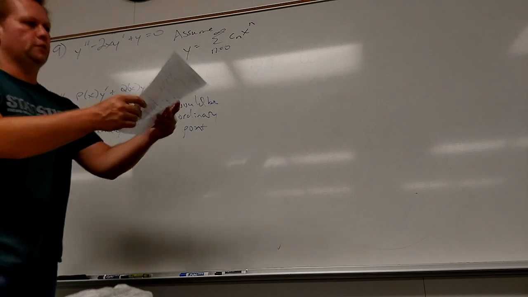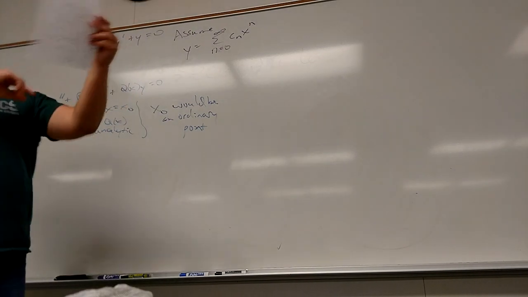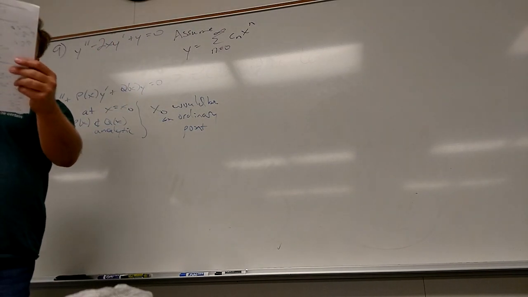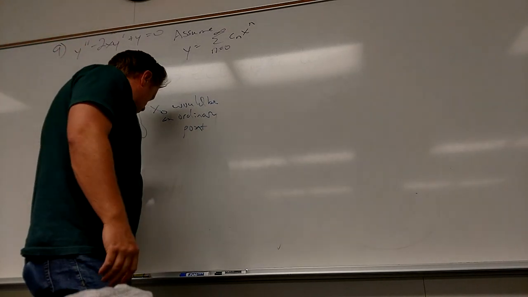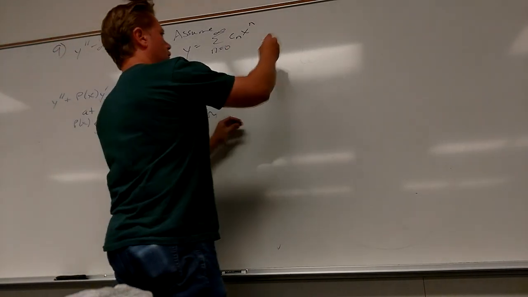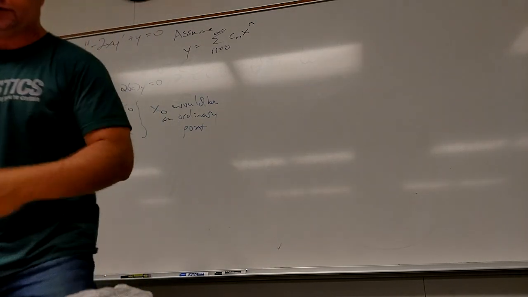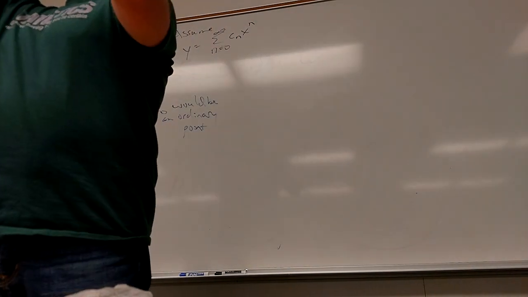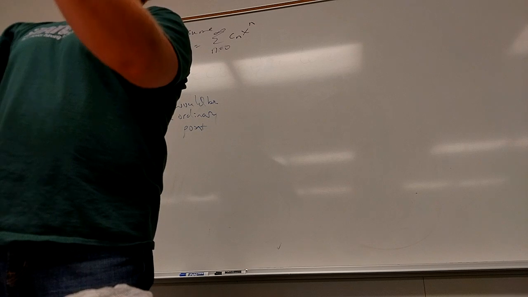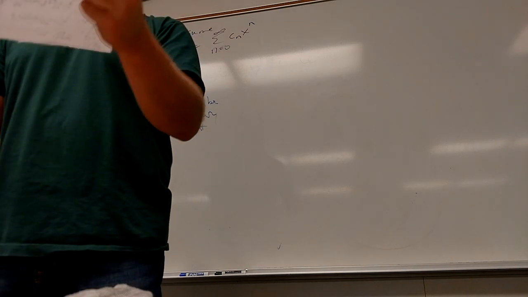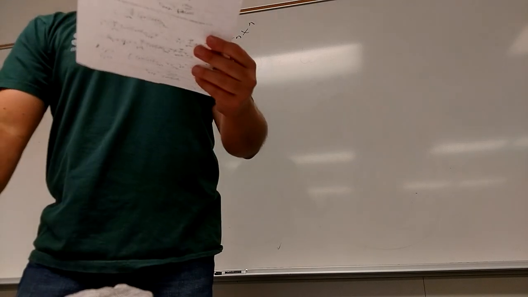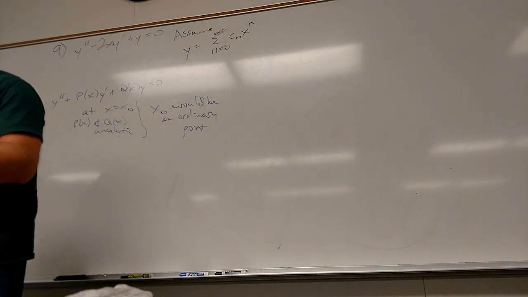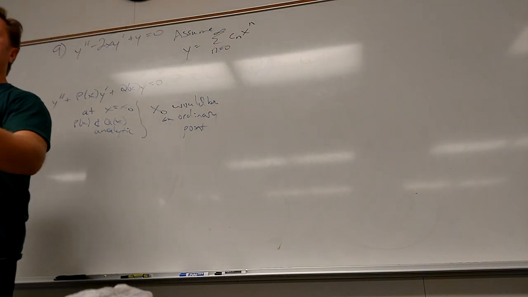So look, everybody's got this handout, right? The 6.2. So very quickly, can you identify, for each of these, look at the very first differential equation there. What are P of x and Q of x? For that y double prime plus 6y prime minus 7y equals 0, 6 and negative 7?